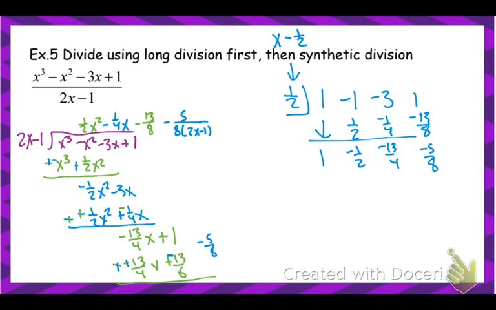Now, I'm not dividing by x minus 1/2. I'm dividing by something that has the same root, but I'm dividing by 2x minus 1. That's not the exact same thing. In fact, 2x minus 1 is the same thing as 2x minus 1/2. As if that 2 were factored out. So in order to actually have x minus 1/2 in the format I would need it, I actually have to rewrite this equation as 1/2 times this function.